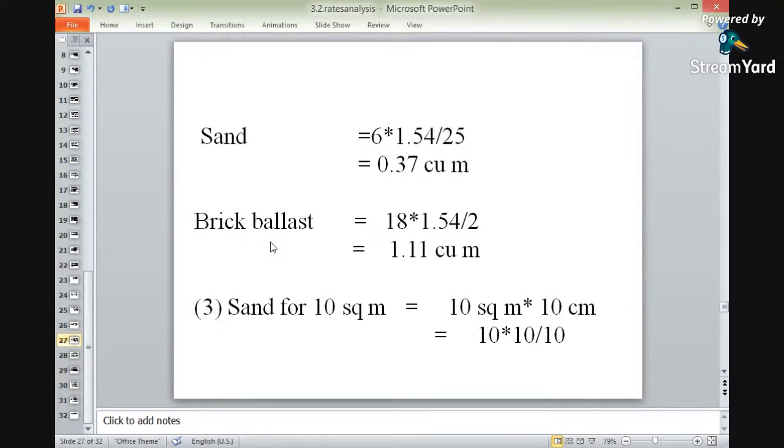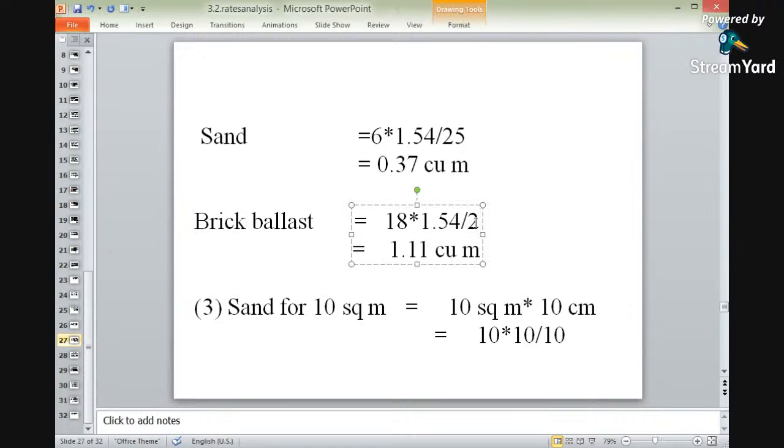Same way, the concept is the same for brick ballast. How much is the total here? 18 is the part here. Okay. So 18 parts of brick ballast we have to take. So 18 multiplied by the volume we have calculated with 50% extra, 1.54, divided by the total.